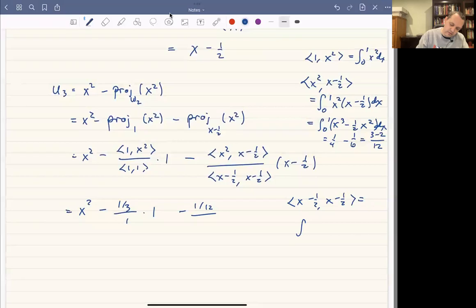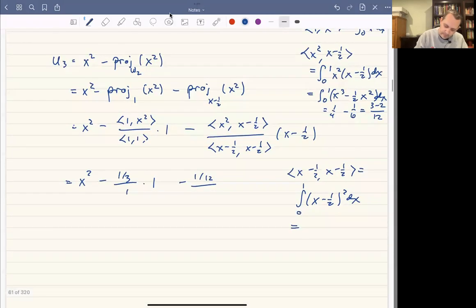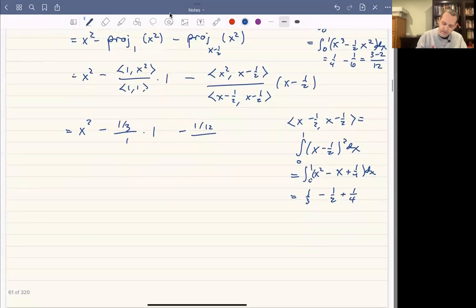And then we still need to compute the inner product of X minus 1/2 with itself. So that's going to be the integral of X minus 1/2 squared from 0 to 1. So that's going to be the integral of, let's see, X squared minus X plus 1/4. So that's going to be 1/3 minus 1/2 plus 1/4. So again, I would ask for your help, but I can't have it. So what do we got here?